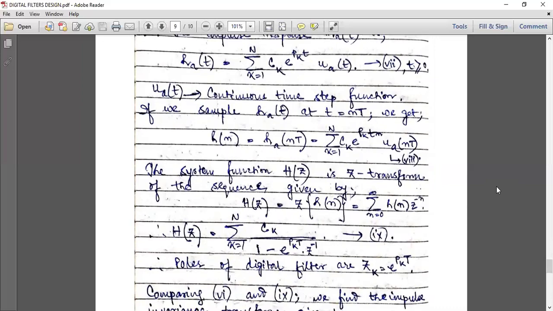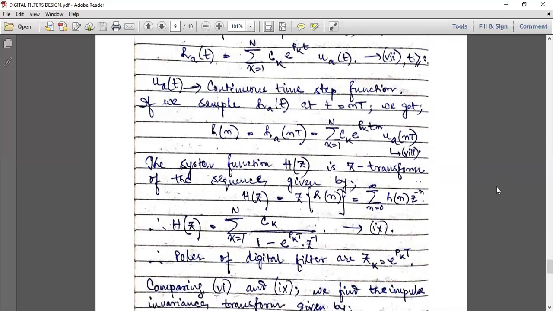So H(z), what will it turn out to be? It will turn out as summation of k equal to 1 to N of C_k by (1 minus e to the power P_k T into z to the power minus 1). Now if we ask what are the poles of the digital filter here? The digital filter's poles are z_k equal to e to the power P_k T.